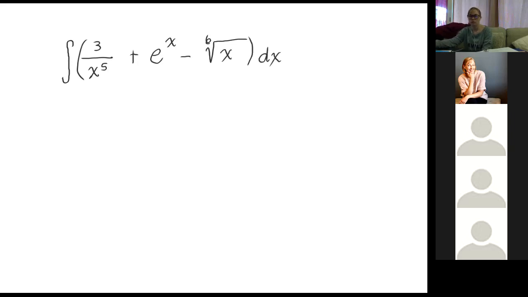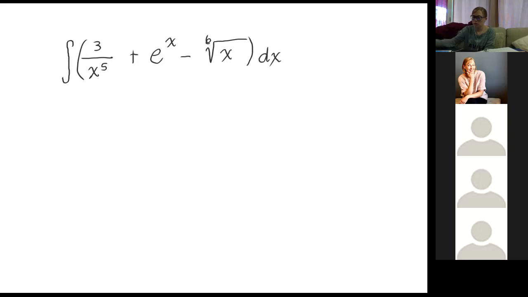Let's do one more. Let's find the antiderivative of 3 over x to the 5th plus e to the x minus the 6th root of x, and that whole thing is with respect to x.